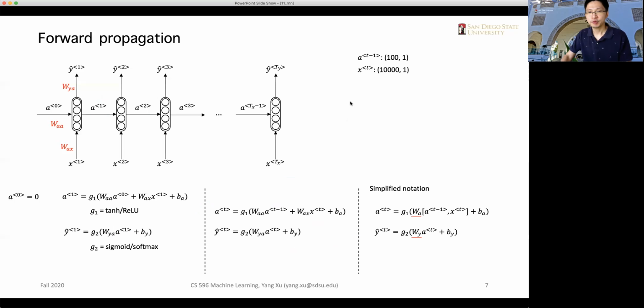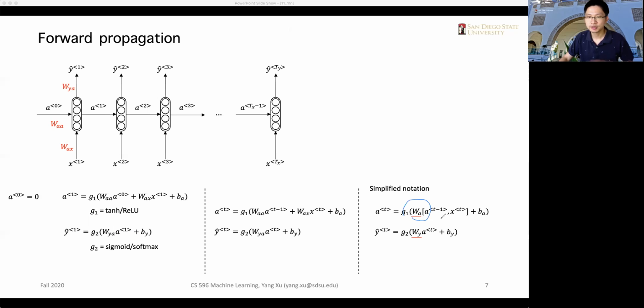So what we can do is simplify the notation a bit, because the purpose of WAA and WAX is to compute the current activation. We can combine them together into one weight matrix, which is WA here.